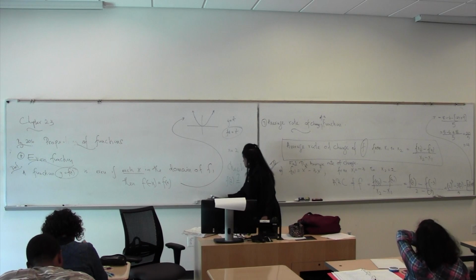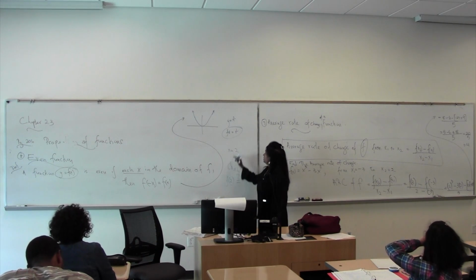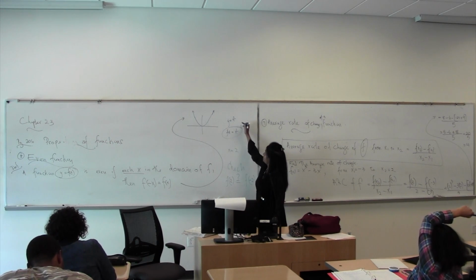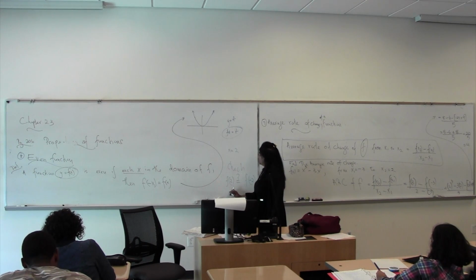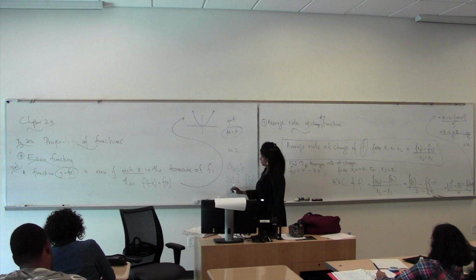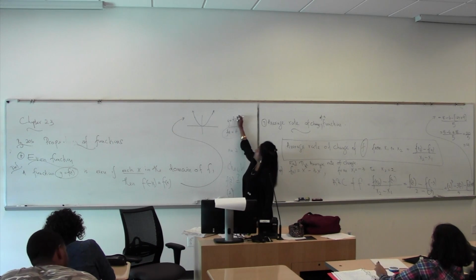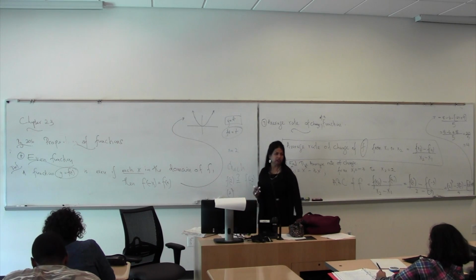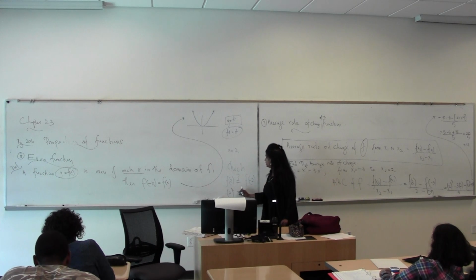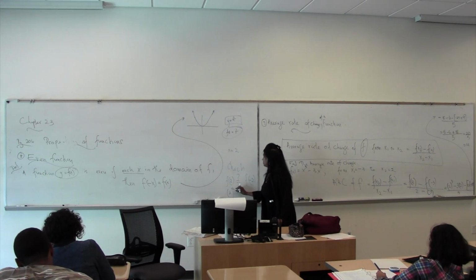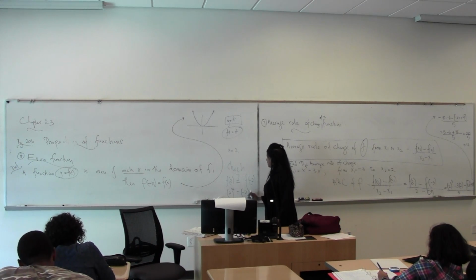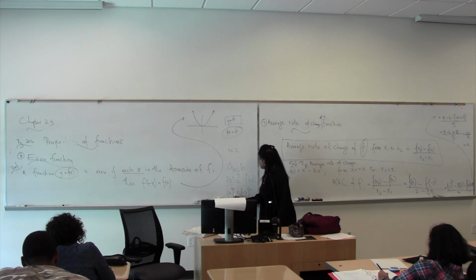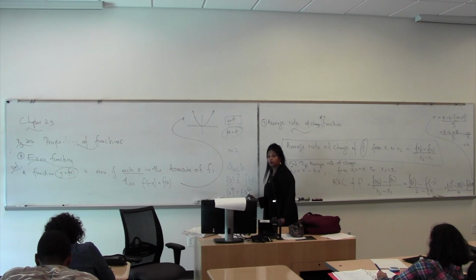So what do we have here? If it's x squared, what is f of 2? 4. f of 2 is 2 squared, right? For this function, f of negative 2 is negative 2 whole thing squared, right? So isn't this the same? 4 is equal to 4? Yes.